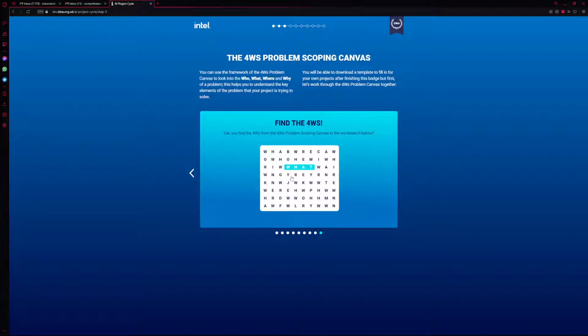Oh, that's one. Okay, what? We need to look for the word where. So let's look for the word where. There we go. No, we need an H. We also need the word when.